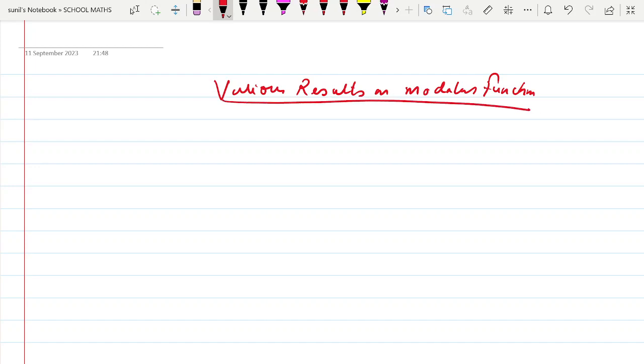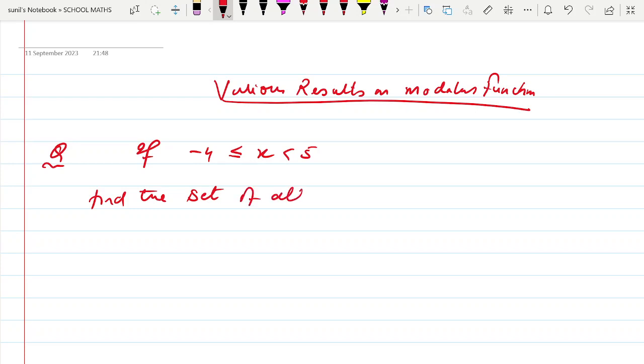First of all, I'm solving one question for you. The question is, if my x is lying between -4 and 5, considering the open interval, find the set of all possible values of the following.